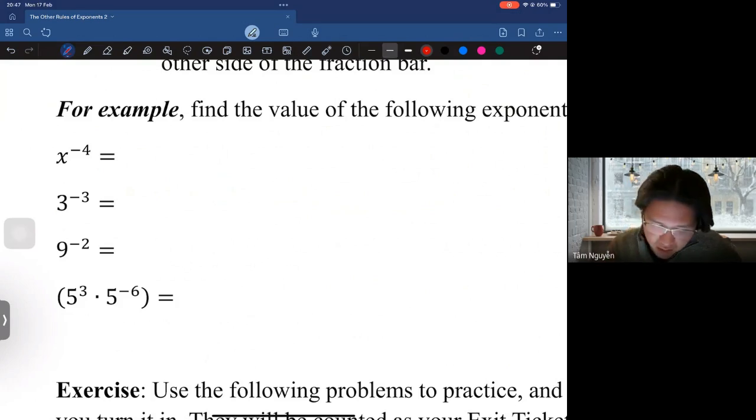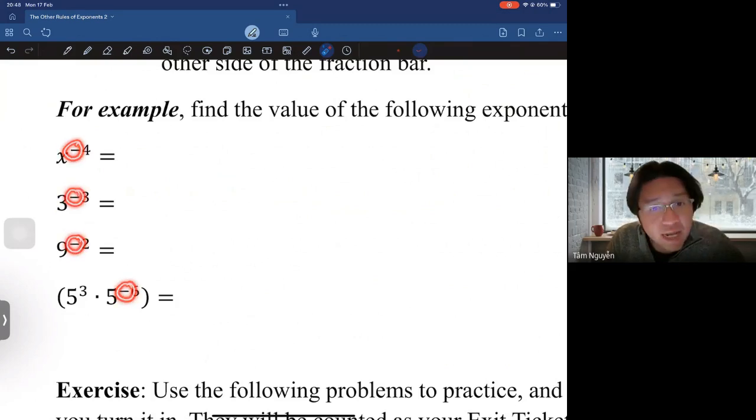Okay. For this example, I don't want to see those negative exponents. I want all the final answers to contain only positive exponents, which means you must use the laws of negative exponents to get rid of those negative signs.